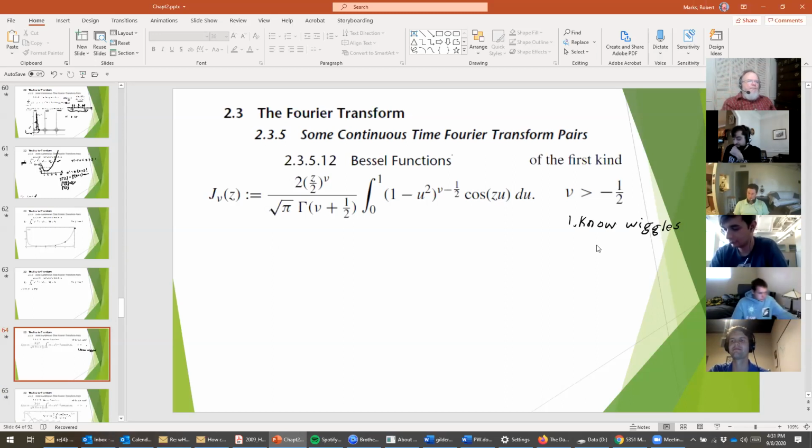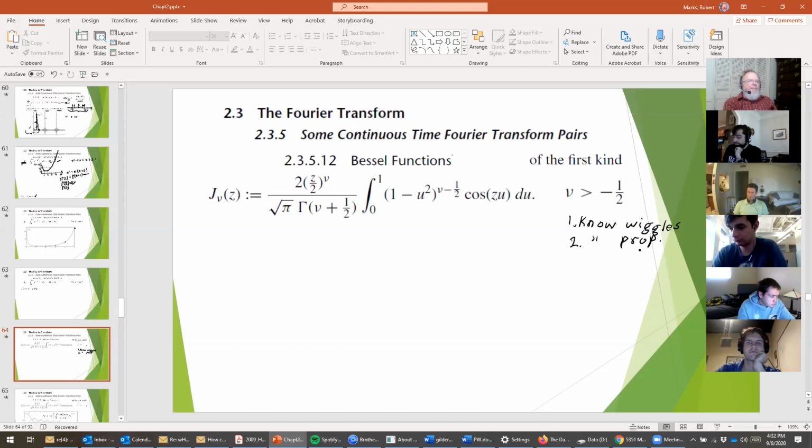Number 2, you know the properties. You know that if you shift a sine, you get a cosine. You know if you differentiate a sine, you get a cosine. If you differentiate a cosine, you get a minus sine, and all of these different things. So you know the properties. You know how to manipulate them.